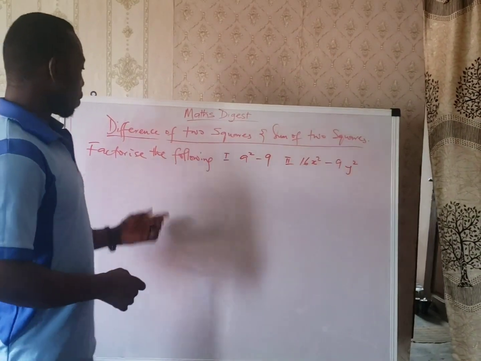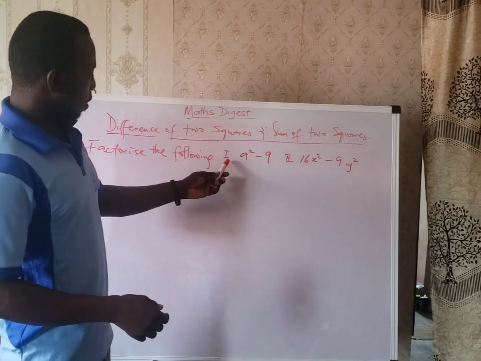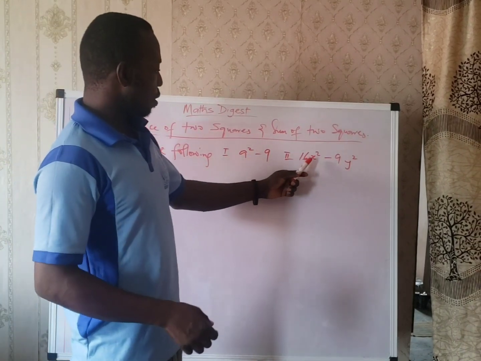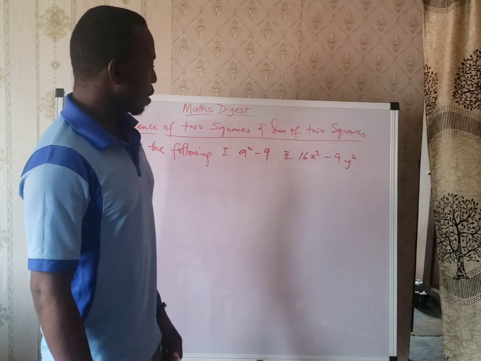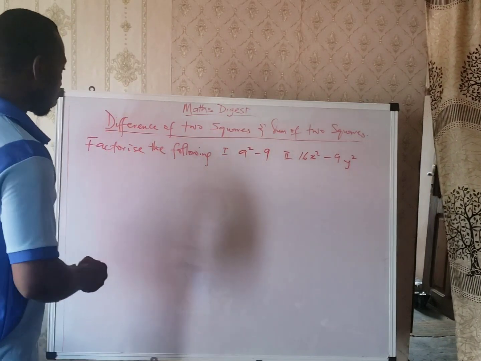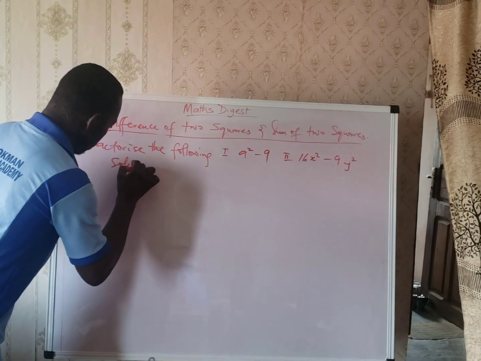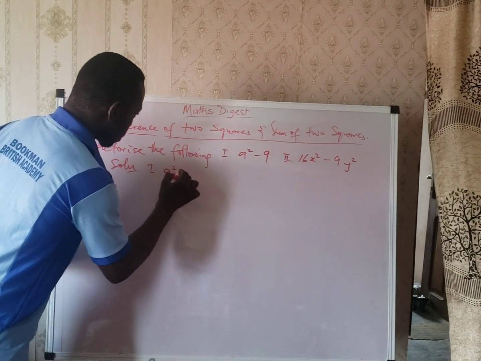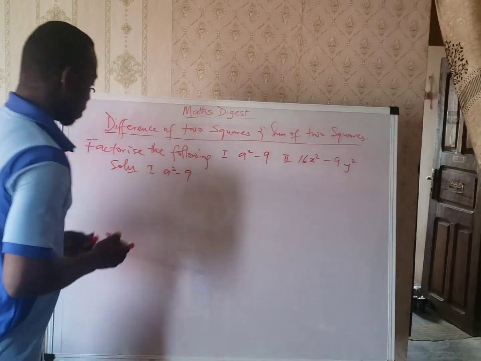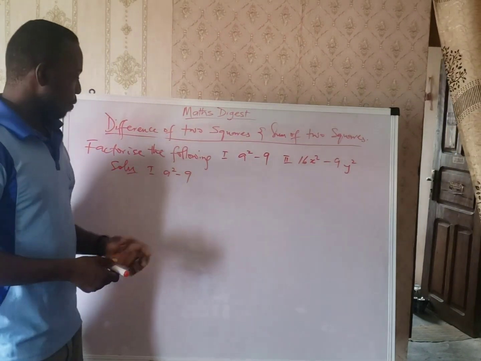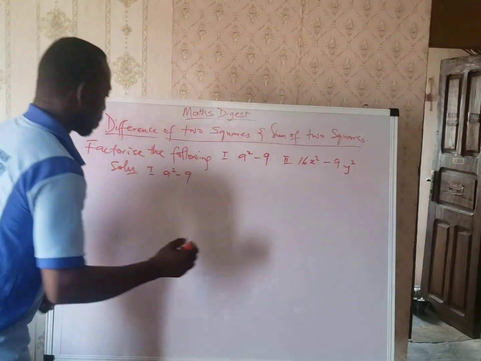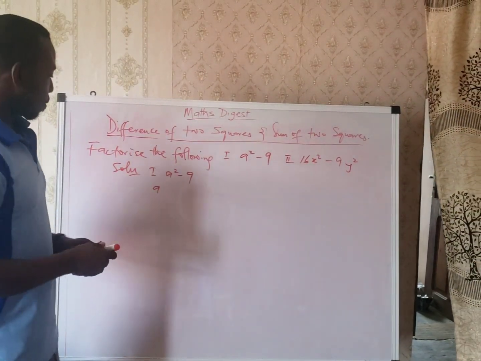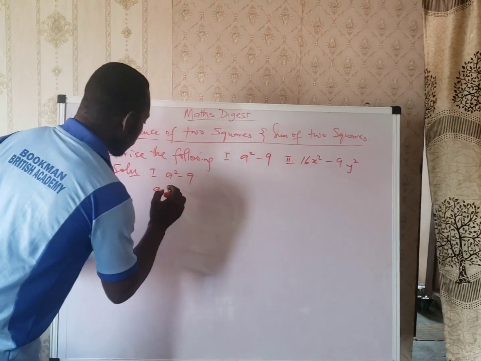All right, factorize the following: a squared minus 9, and the second one is 16x squared minus 9y squared. Solution: the first one, a squared minus 9, is a difference of two squares.